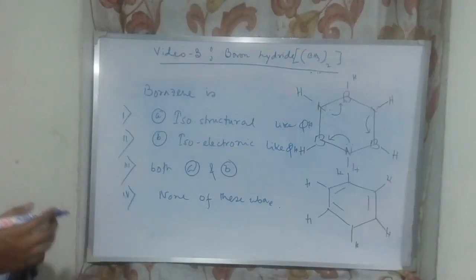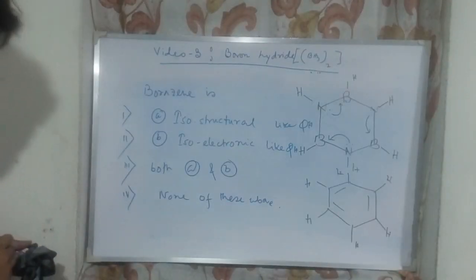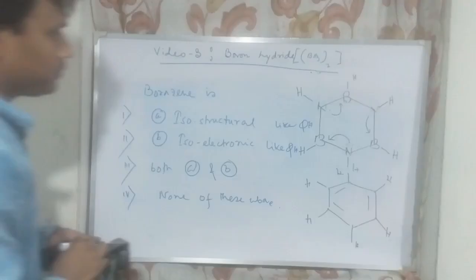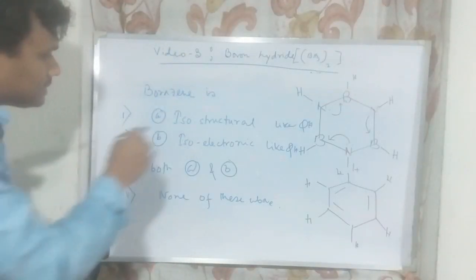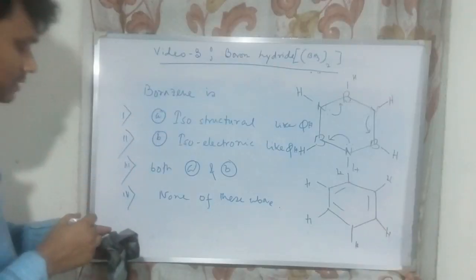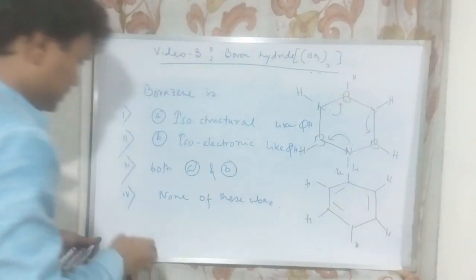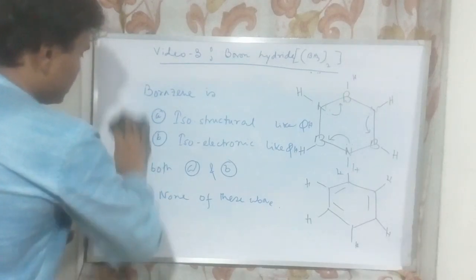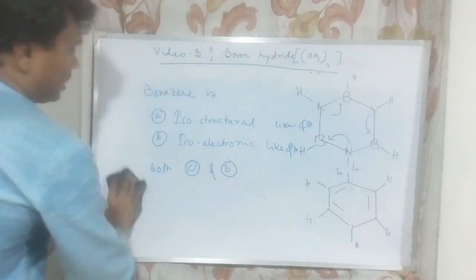So one simple MCQ could be constructed from this. So if you know this exact thing that borazine is isostructural as well as isoelectronic, then you can answer this question very easily. So this is the borazine.